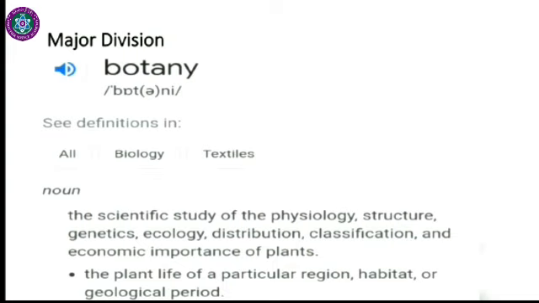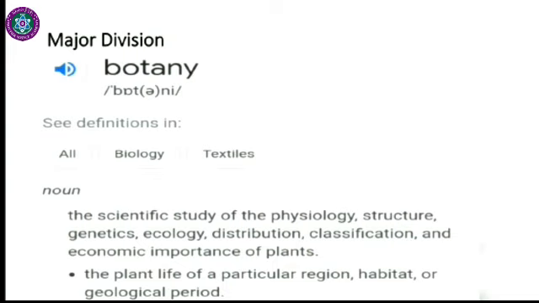For example, instead of mustard plant, we say Brassica campestris. For garlic, we say Allium sativum, because garlic is the English name, and Allium sativum is the botanical name of garlic.